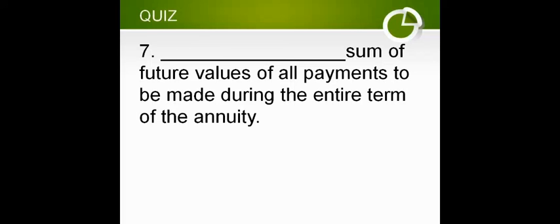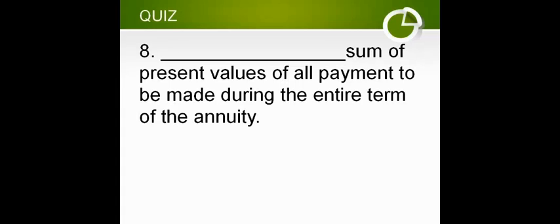Number 8, blank is the sum of present values of all payments to be made during the entire term of the annuity.